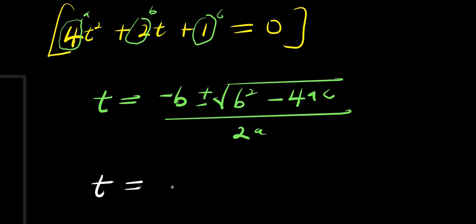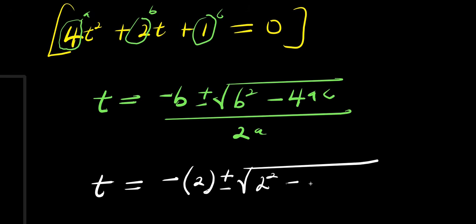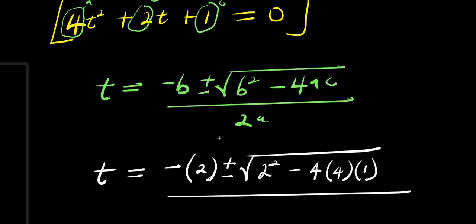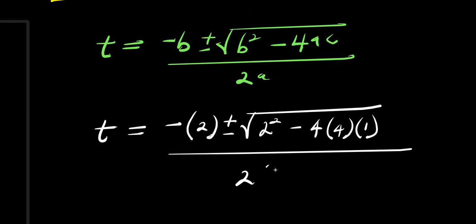So let's insert it right here. I have t equals negative b, negative 2, plus or minus square root of b squared, 2 to the power 2, minus 4 times 4 times c, that is 1, divided by 2 times a, that is 2 times 4.